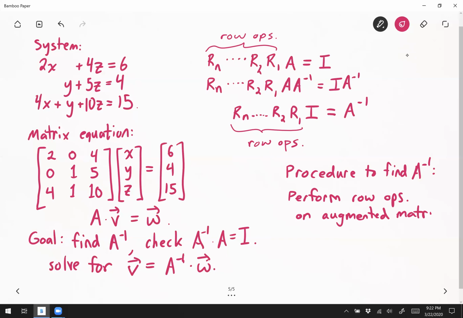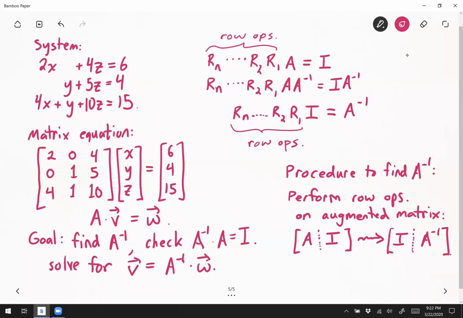It's kind of like an augmented matrix that consists of our original matrix A on one side and the identity matrix on the other. Our goal is going to be to turn the left-hand side into the identity matrix. And when that's done, as we've seen above, the right-hand side will become A inverse. Then we'll double check to make sure A times A inverse gives us the identity matrix, and then we'll use it to solve this matrix equation here.